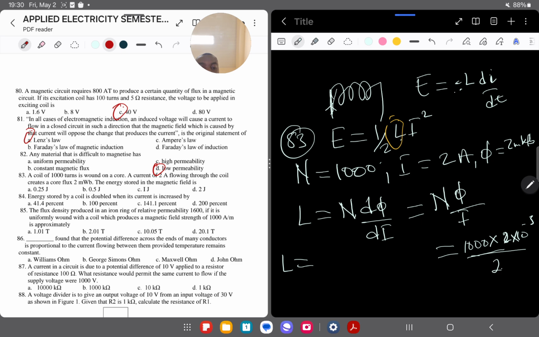So the inductance will be equal to, you can see 2 here will cancel this 2, so we get 1, right?